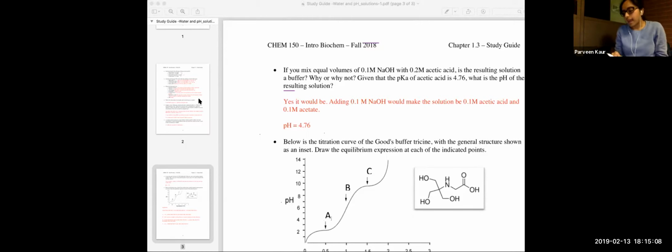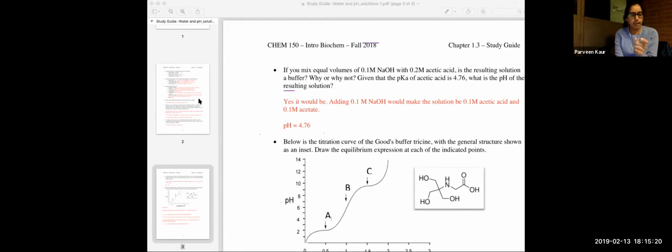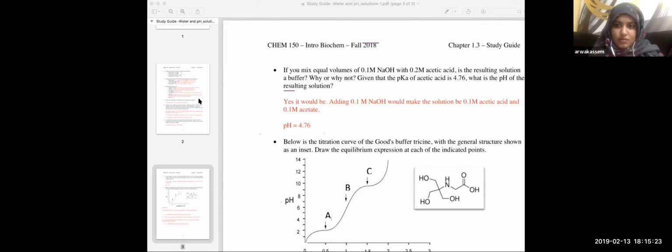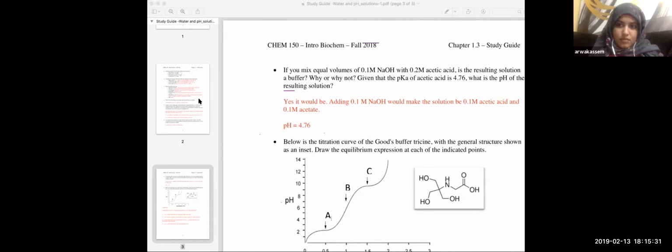If it's an acidic group like aspartic acid or glutamic acid, then you do the pK value of the R group and the pK value of the acid group. If it's basic, then you do the pK value of the R group and the pK value of the basic group, divided by 2. Every time it's divided by 2. Is there an example that we can do?